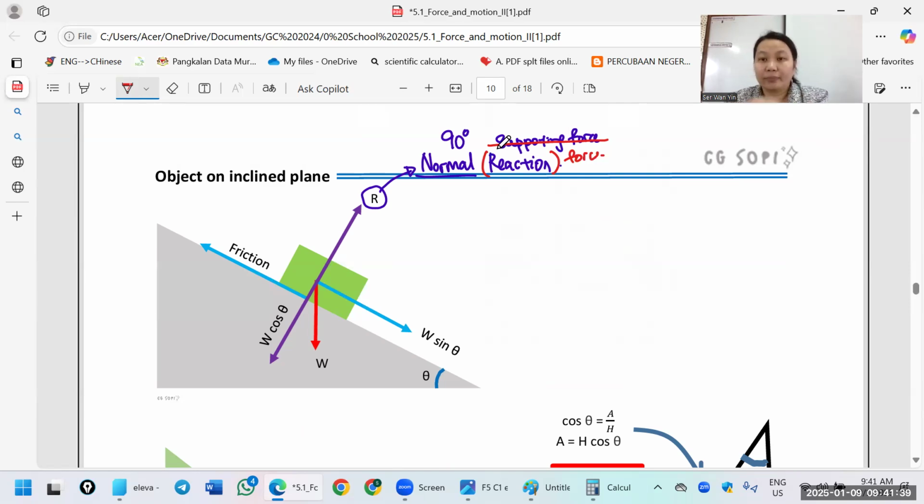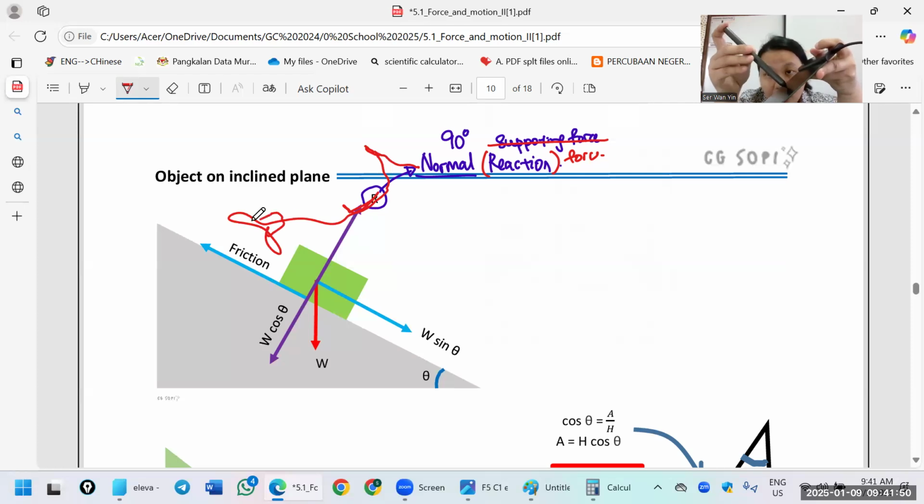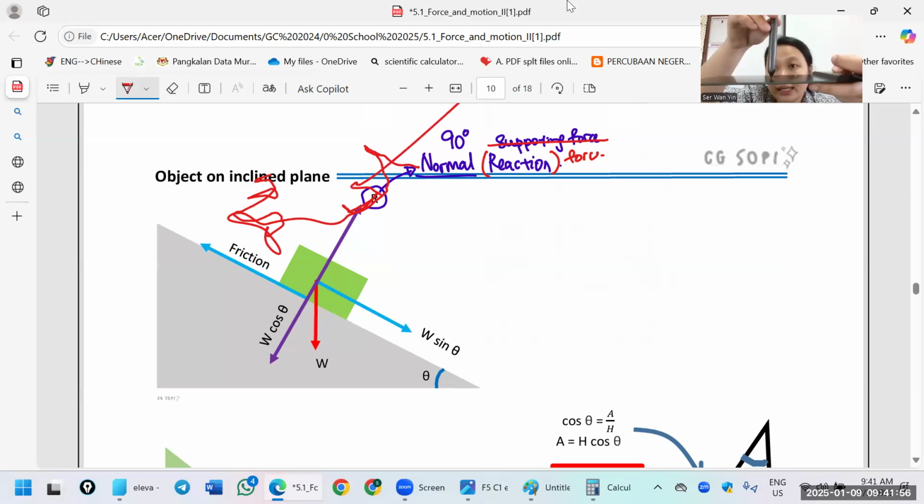So this is the flat surface, 90 degrees like this. If I tilt the surface, it is also 90 degrees to the surface. If I don't change R, it will be an acute angle between the pen and the pad.